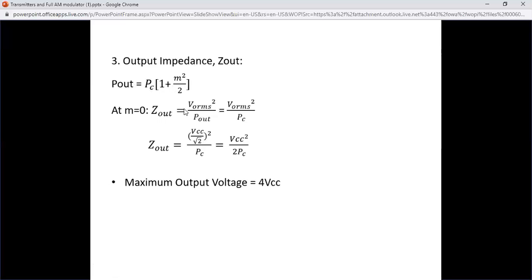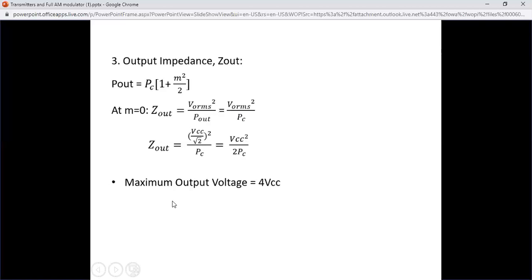Assuming a 1-to-1 ratio, where P out is equal to PC at m equal to 0, the output impedance will be equal to the output voltage RMS squared over P out, which then equals the output voltage RMS squared over PC, which results in this equation: Z out equals VCC squared over 2PC.